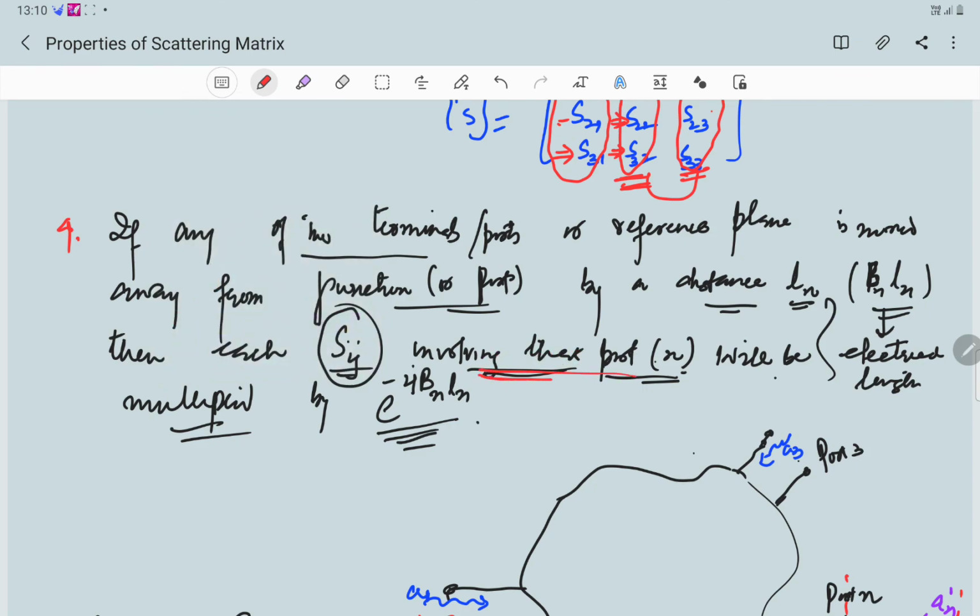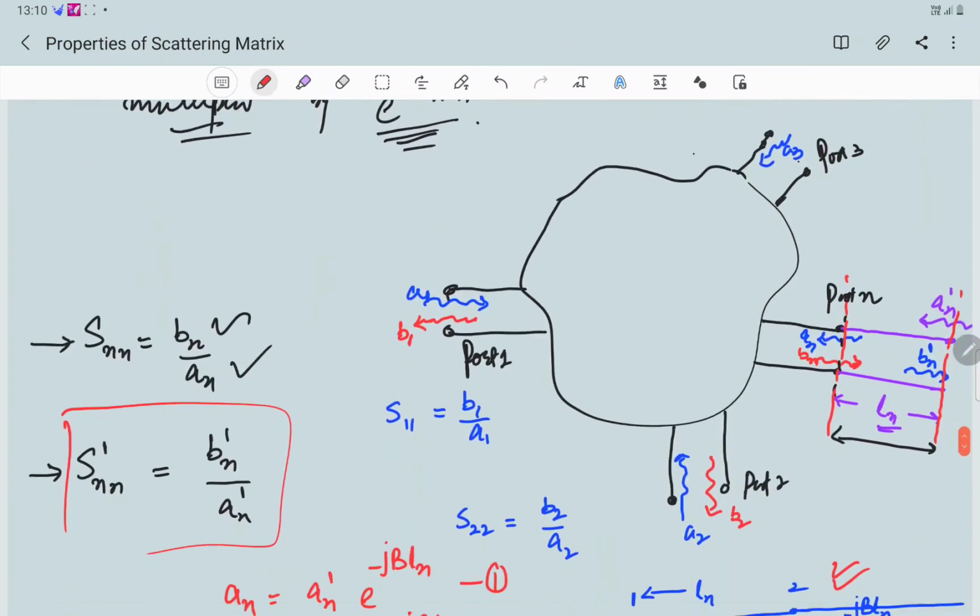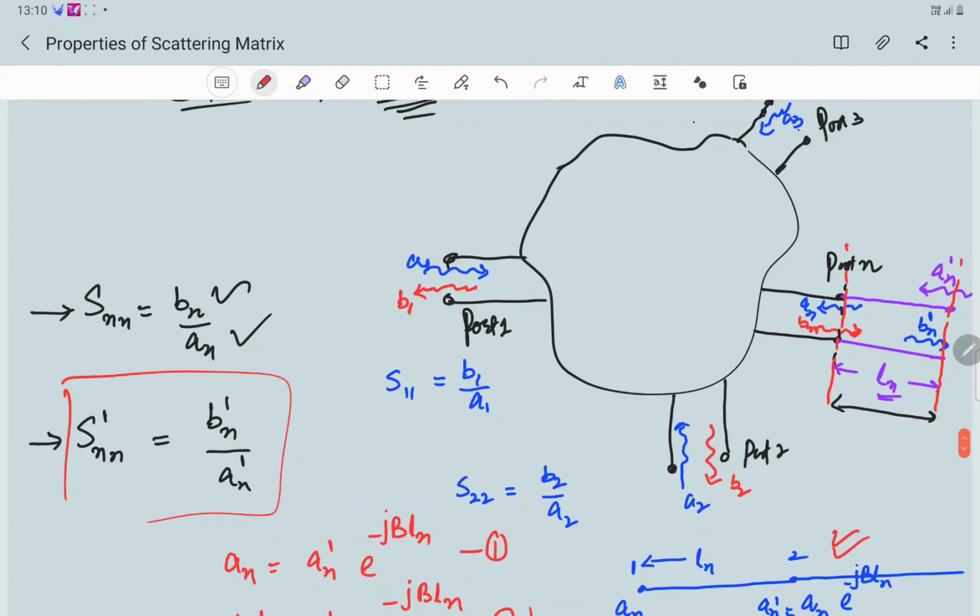Involving that port would mean, say for example, if I am extending this port n by some distance ln, then S1n will change, S2n will change, S3n will change, all those which involve n. S13 would be the same, S12 would be the same, S21 would remain the same, S13, S34, S43, all these parameters will remain the same except the parameters involving this port n.